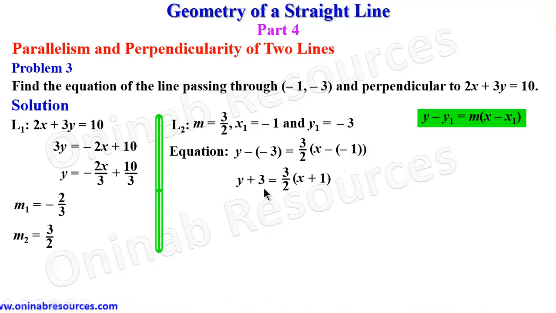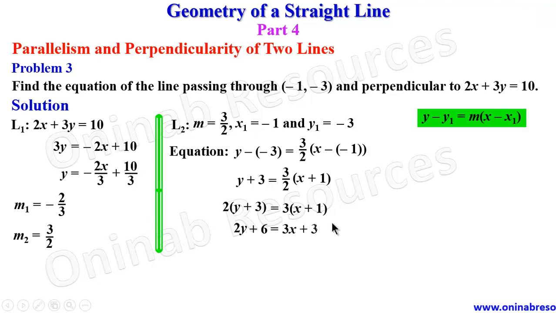So we cross multiply, 2 into y plus 3 is equal to 3 into x plus 1. Expanding the bracket, 2y plus 6 is equal to 3x plus 3. And then we take this 6 to the right hand side. I have 2y is equal to 3x minus 3.